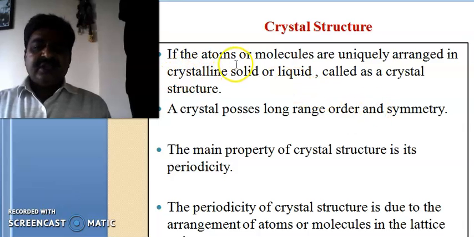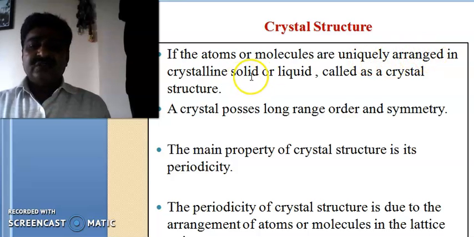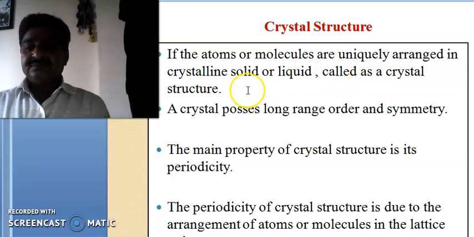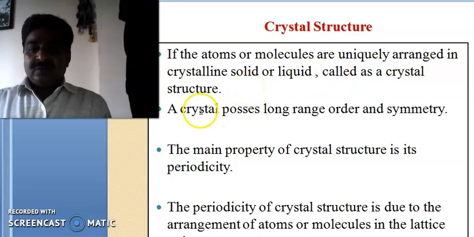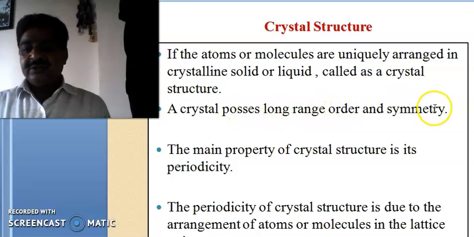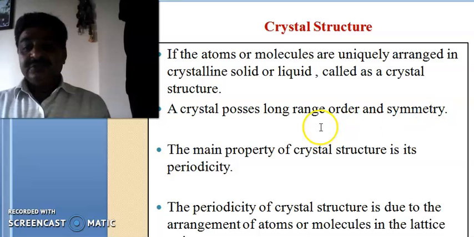What is meant by crystal structure? If the atoms or molecules are uniquely arranged in a crystalline solid, it is called a crystal structure. A crystal possesses long range order and symmetry. This point you remember.